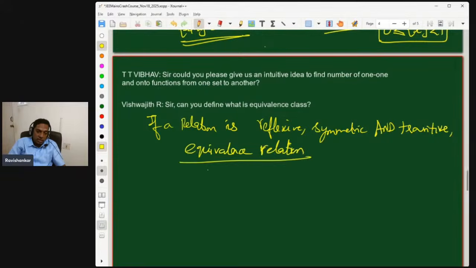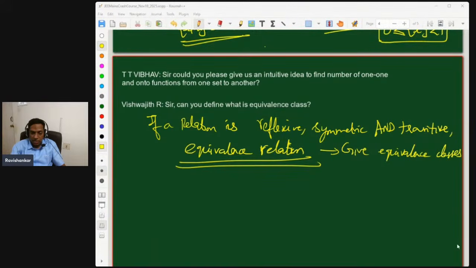Equivalence relations give rise to equivalence classes. Okay, but that part I don't believe is there for you. It's a group of elements which are equivalent to each other. So that is what equivalence classes are. But if that is there, they will tell you separately.